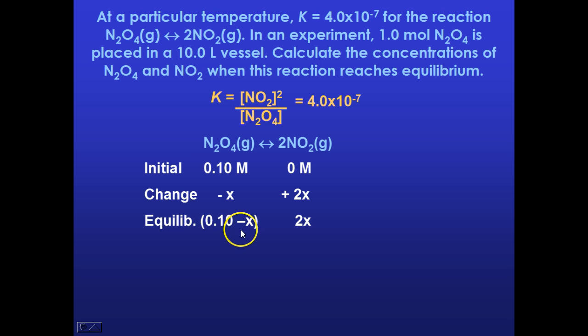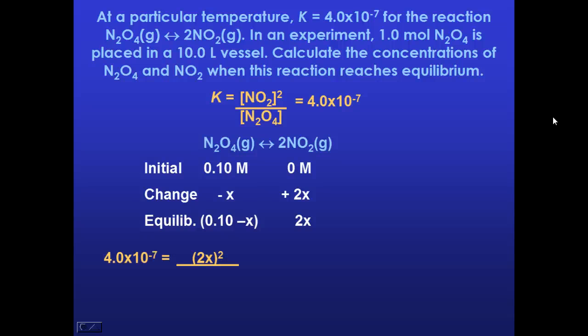Again, our concentration here is to the negative 1 power, while our K is to the negative 7th. That's a difference of 6 powers of 10. So we're talking about a pretty substantial difference between them. So when we substitute these into our equilibrium expression, we're going to go ahead and assume that that x that's after the 0.1 in the equilibrium concentration of N2O4 is negligible, that it's really not going to be big enough to make a difference in the concentration of N2O4 when equilibrium is achieved.